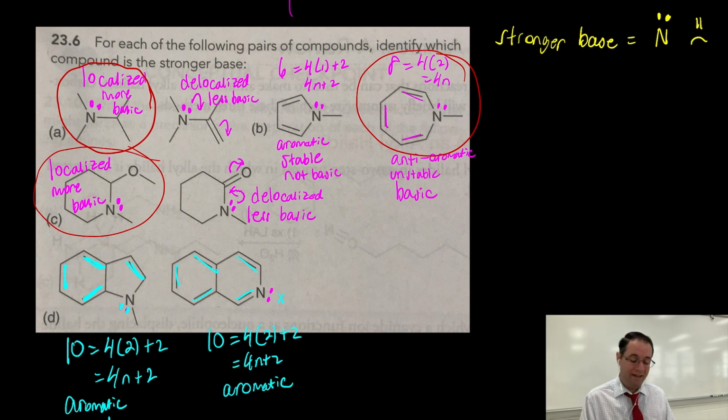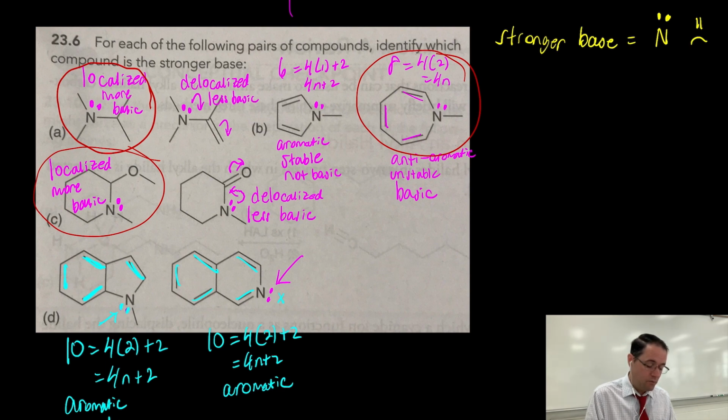Well, those lone pairs in purple are a completely different lone pair, not part of the aromatic ring. The electrons I've highlighted in light blue are all involved with the aromatic ring. These ones that I'm pointing an arrow to are involved in the aromatic ring, and since they're involved with the 4n plus 2, they have to stay there, okay? They have to be part of the aromatic ring.